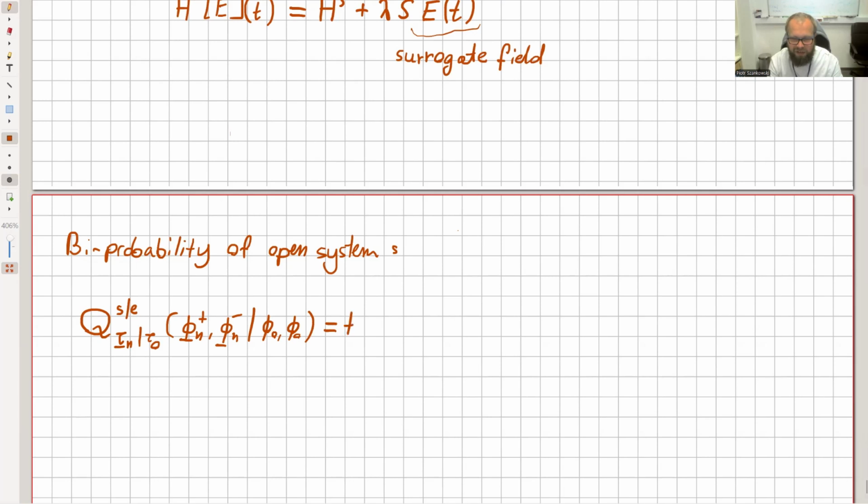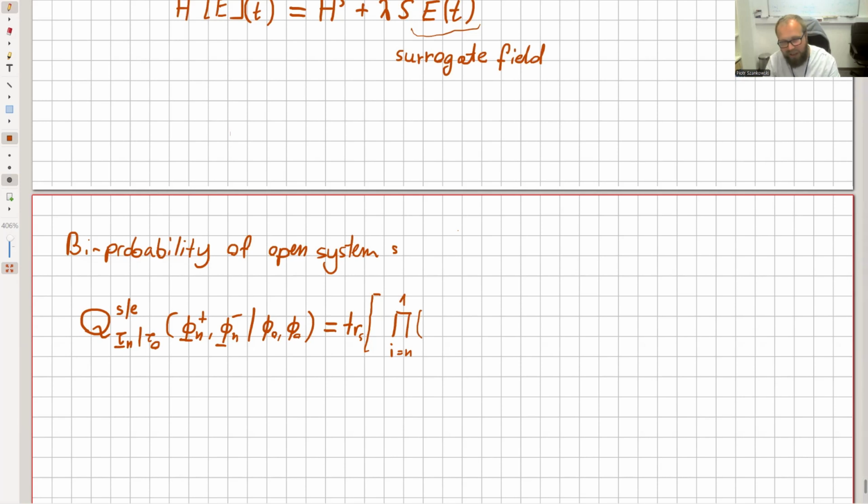And the formula was trace over S, open brackets, and we had here the product over i from n to 1.